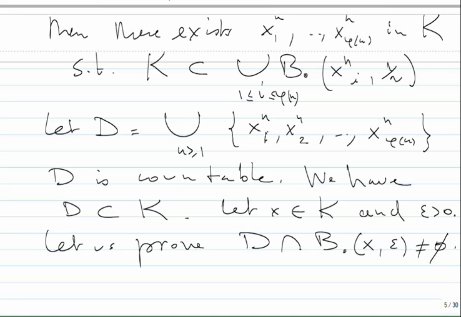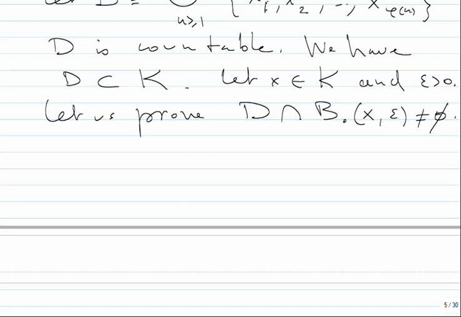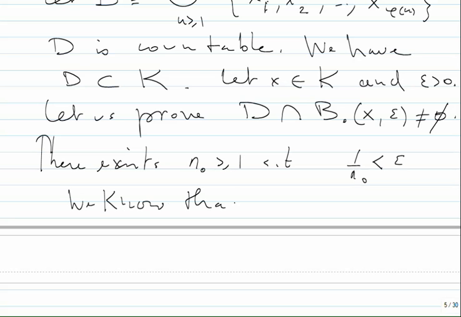So how do we prove that? Since there exists n0 such that 1 over n0 is less than epsilon, and now we know that K is in the union of the open balls centered at x_n0,i with radius 1 over n0, i between 1 and phi(n0).